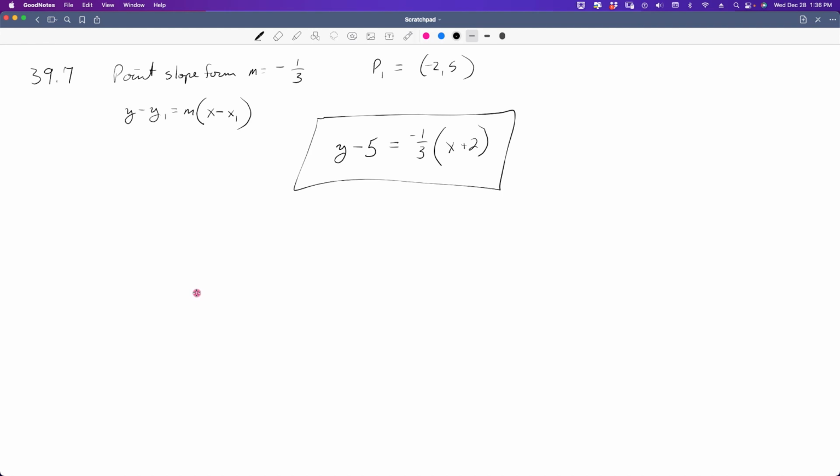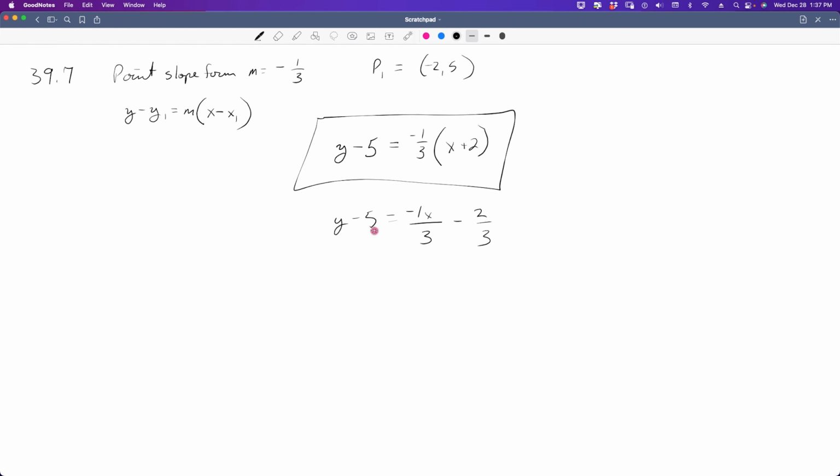We can do that pretty much in our sleep. Now, if we need to convert that to general form, what we can do is just solve it like we did the other one, right? So first thing we're going to do is do our distribution. So y minus 5 is equal to negative 1x over 3 minus 2 over 3.